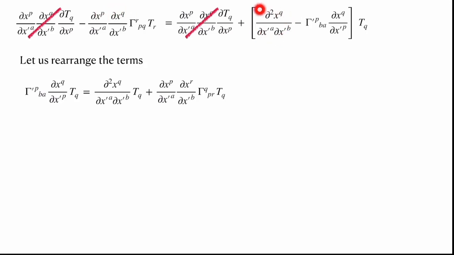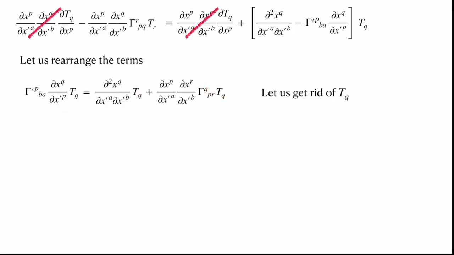So this is a bothersome term that we write here, and this is a term coming from our x coordinate system, and this is a term which comes from the x prime coordinate system, and this gives us the relation between the gamma in the x prime coordinate system and the gamma in the x coordinate system. Now once we write this down, we see that the tq is coming as the same factor.